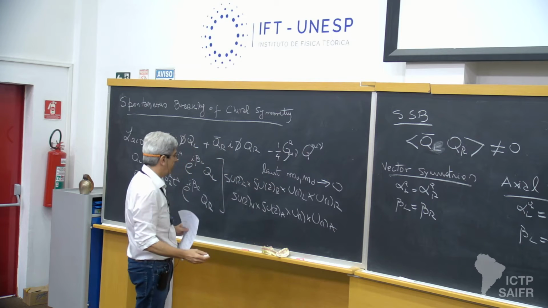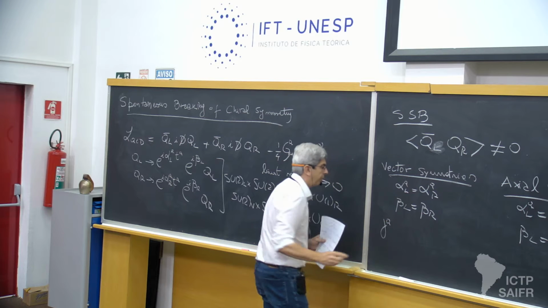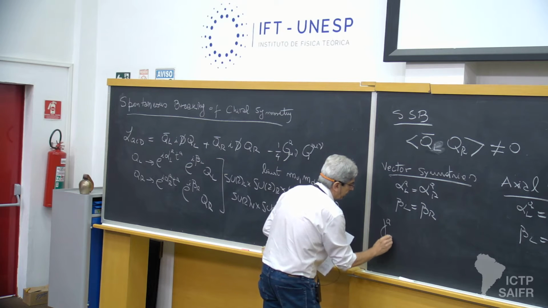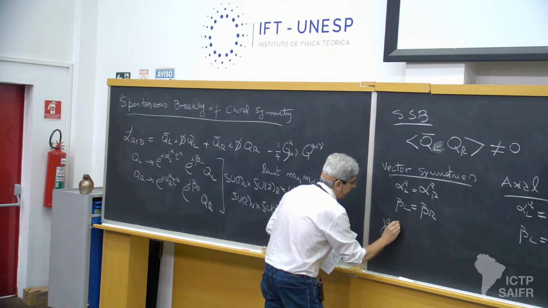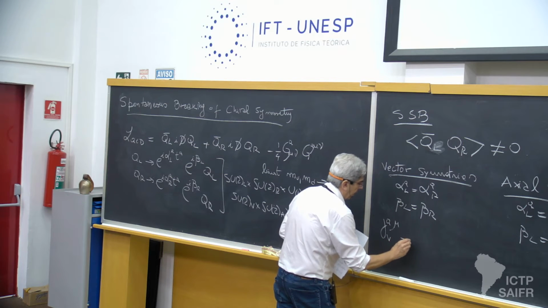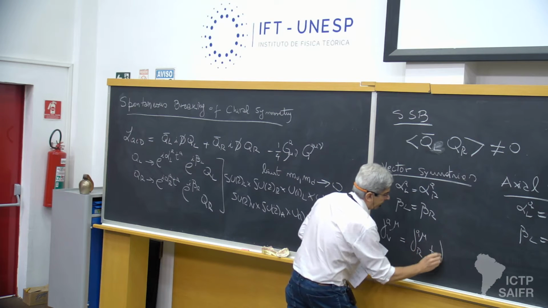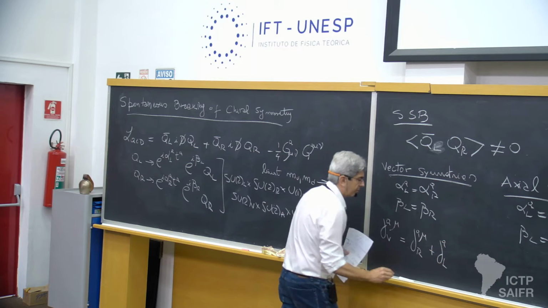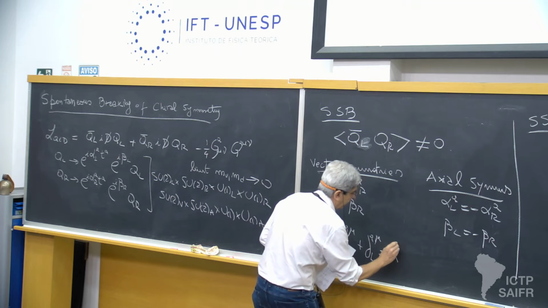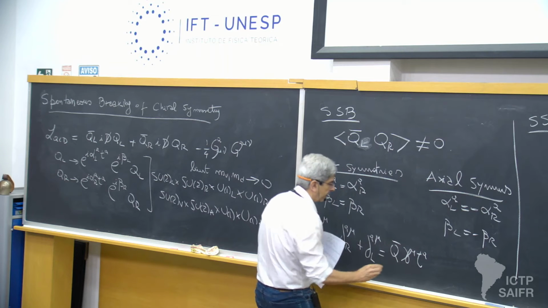The vector currents, for example, instead of the currents defined as left and right, are let's say like this. For the triplet current, this will be the right current plus the left current. So it's going to be the usual vector current, but with the generator T^A in the middle.